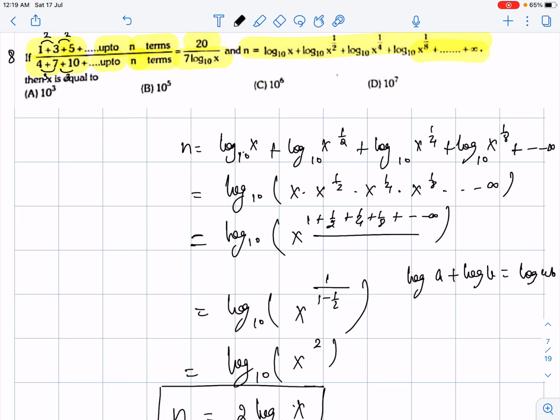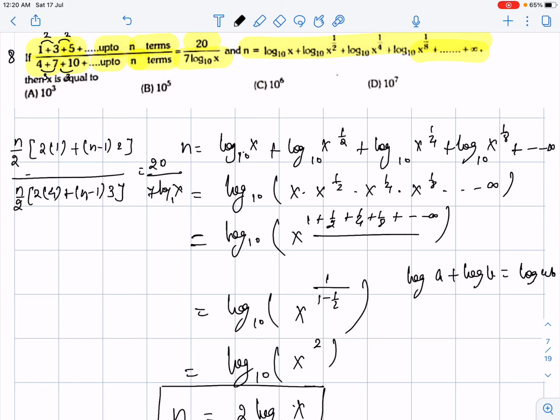The sum of n terms is given by n by 2 times 2a plus n minus 1 times d. In the numerator we have n by 2 multiplied by 2 times a, and a is 1, so 2 multiplied by 1 plus n minus 1 times 2, divided by n by 2 multiplied by 2 times 4 plus n minus 1 times 3, and that becomes 20 divided by 7 log x base 10.